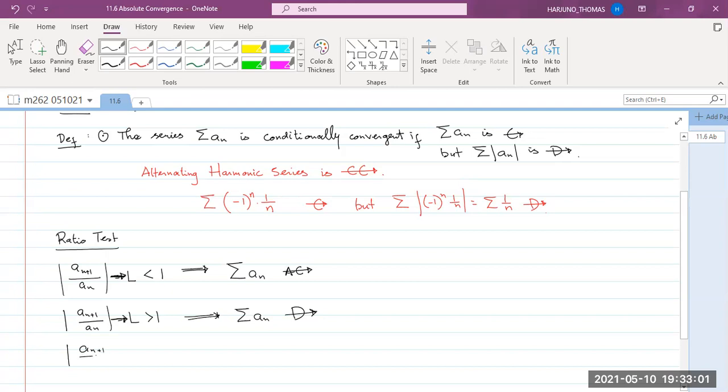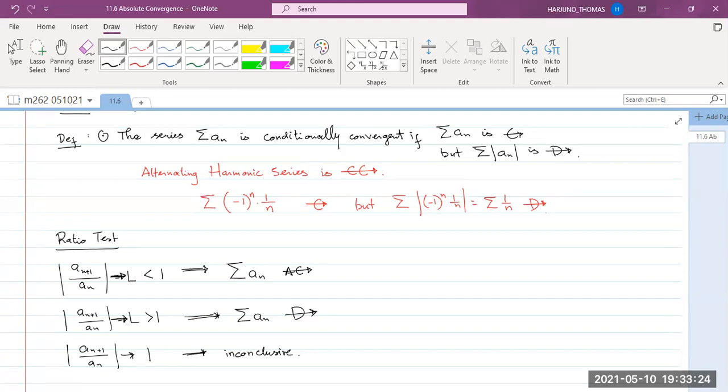Now, if the limit is 1, then inconclusive. Nothing can be said. Okay, that's the ratio test.